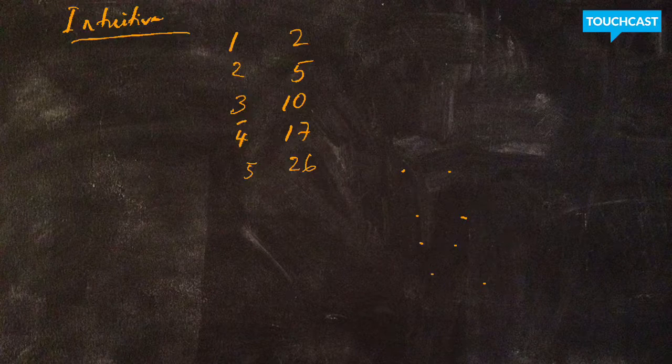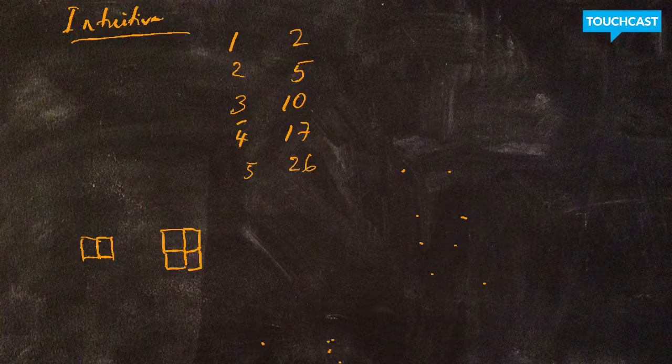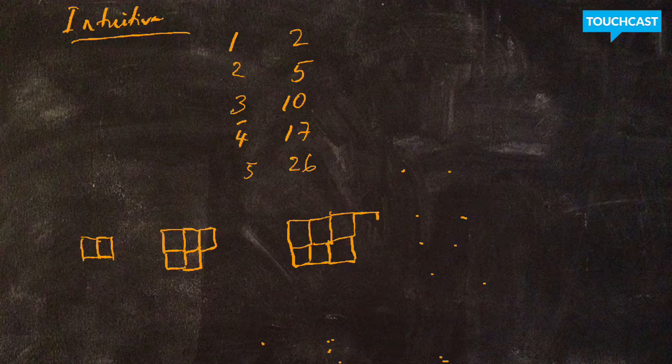So if I want to visualize all this with small squares, the first one has 2 little squares, the second one has 5 little squares, next one has, that makes it 6, 7, 8, 9, 10.